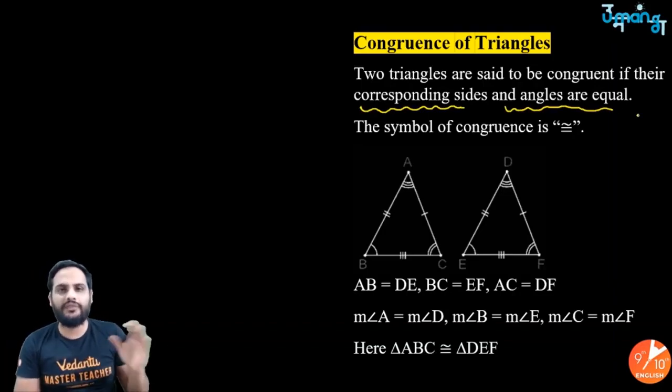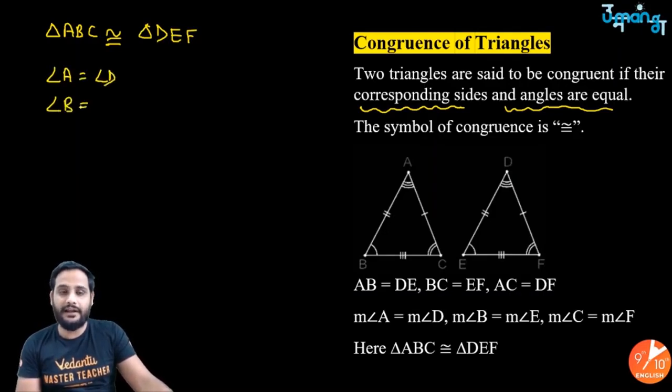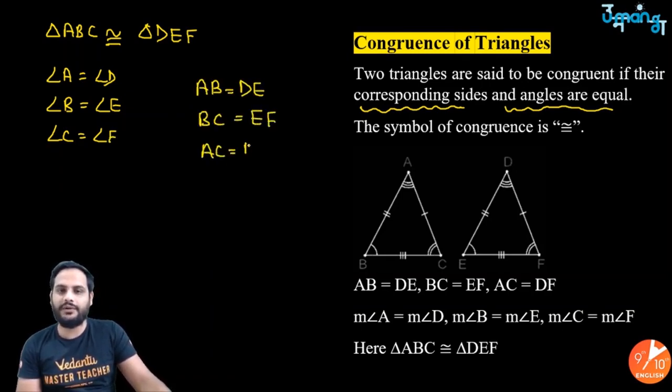So suppose triangle ABC is congruent, this is the sign for congruency, to triangle DEF, then I can say the respective angles are equal: angle A and angle D are equal, angle B and angle E are equal, angle C and angle F are equal, and the corresponding sides, AB is equal to DE, BC is equal to EF, and AC is equal to DF, right?